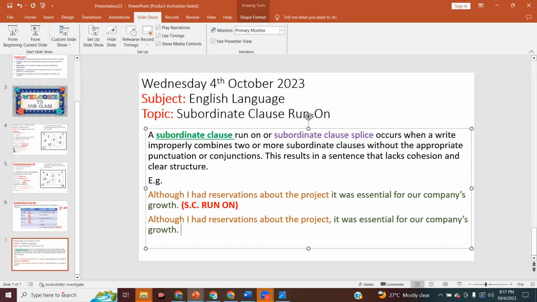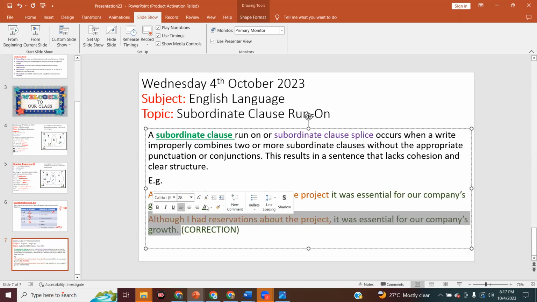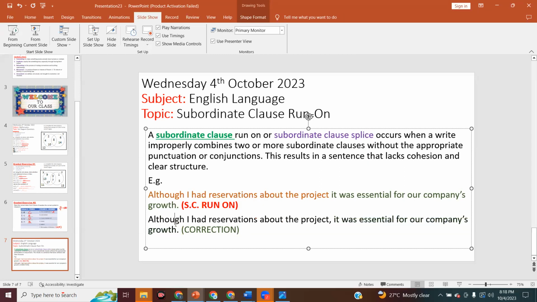That's how you could correct it, by putting a comma. Now, this is not two independent clauses, where you can't use a comma to connect them, because one is independent and one is dependent. We could connect it with just a comma. We don't need and or but.